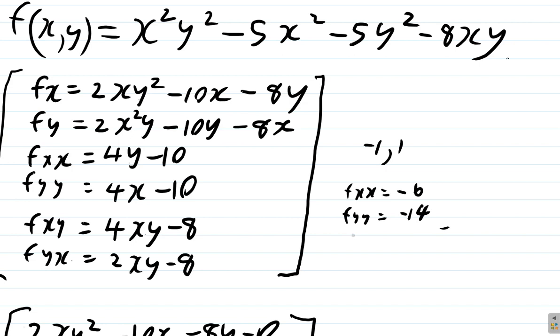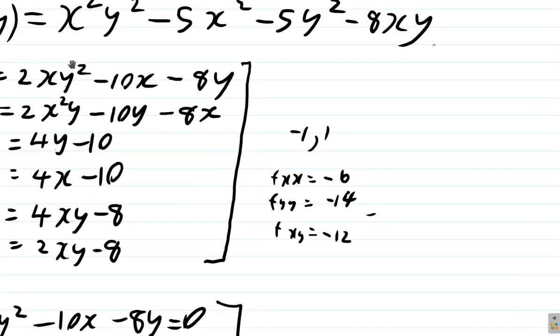And then f of xy squared. f of xy is what? Negative 1 by positive 1 is negative 1. Negative 1 by 4 is negative 4. Negative 4 minus 8 is negative 12. And that's squared.